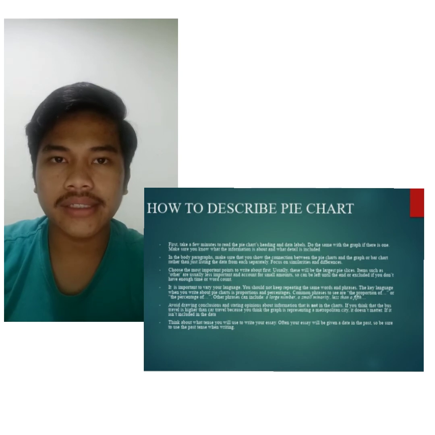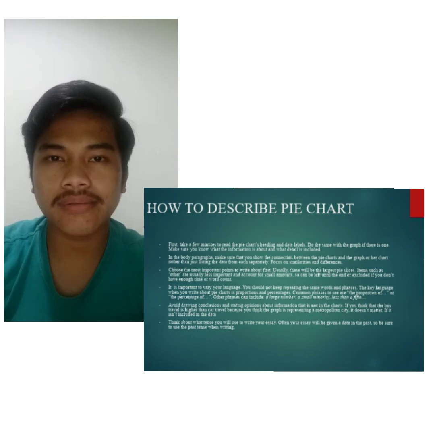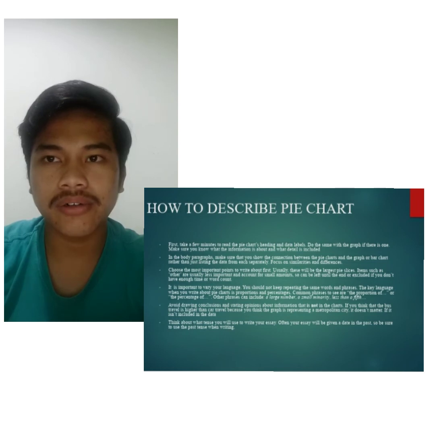It is important to vary your language. You should not keep repeating the same words and phrases. The key language when you write about a pie chart is proportion and percentage.